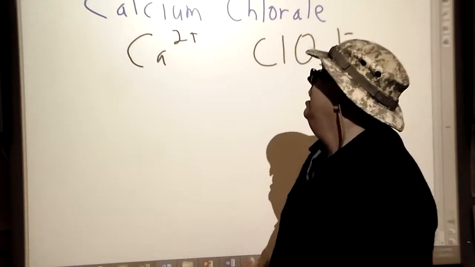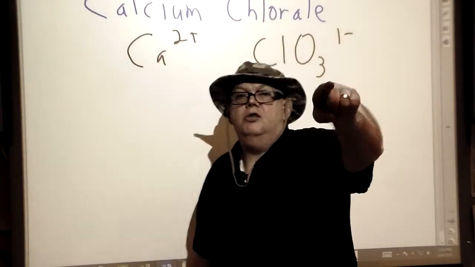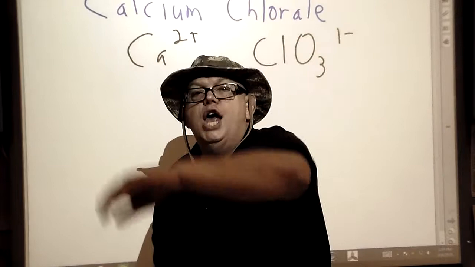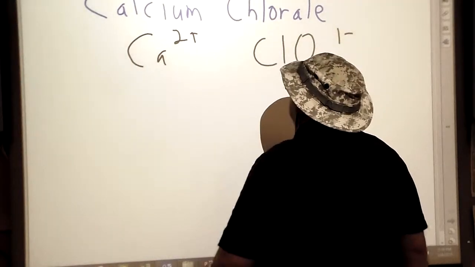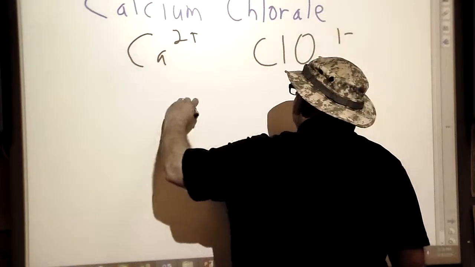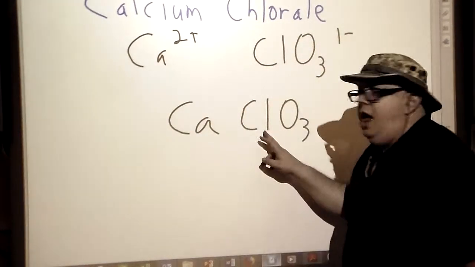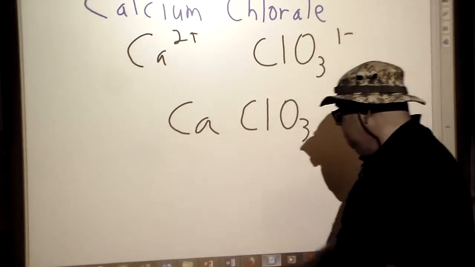Most of the time, it is going to be your cation. That's right, the cation. Okay? That's how you positively remember it, right? So with that, we have our calcium and we have our chlorate. This is not an I, this is a letter O for the chlorate ion.